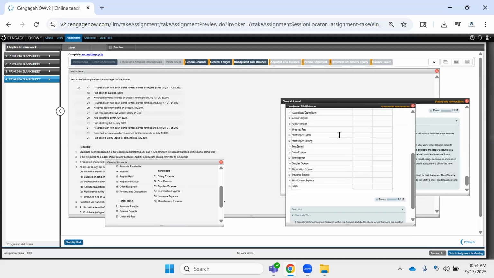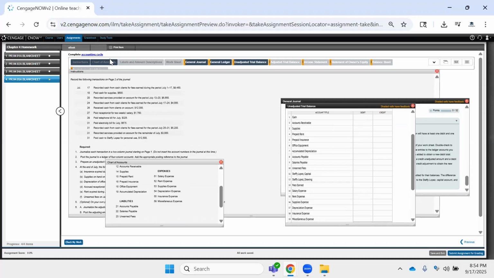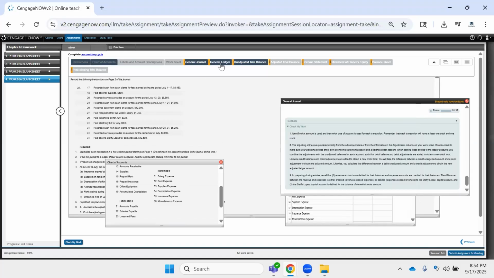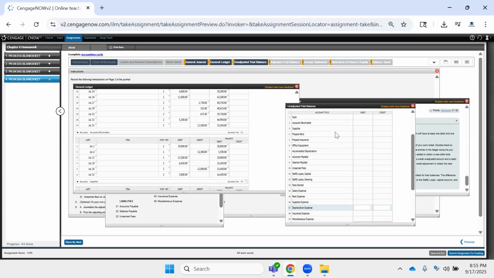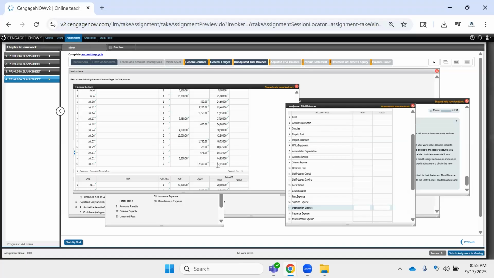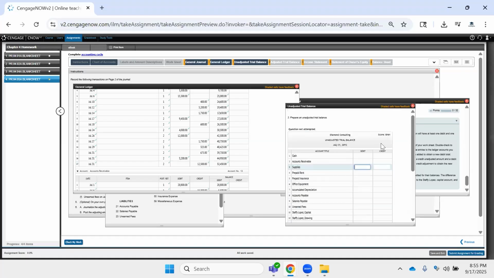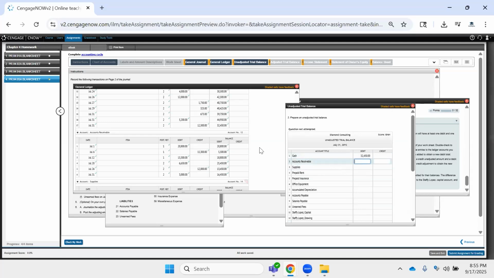And it looks like it gives us our accounts in order, and so we're just going to take a look at our general ledger and post the running balances to the unadjusted trial balance here. So our ending balance for cash, and now this is before any adjusting entries, which is why we're doing it now and before the next step, which is prepare our adjusting entries.